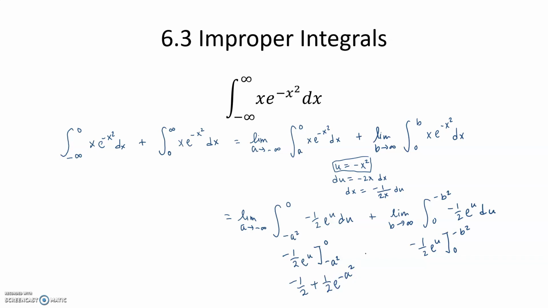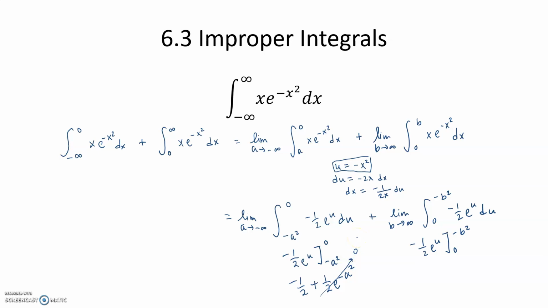And as a goes to negative infinity, e to a negative infinity squared. So this is going to be e raised to a really big but negative exponent. So this is going to go to 0.